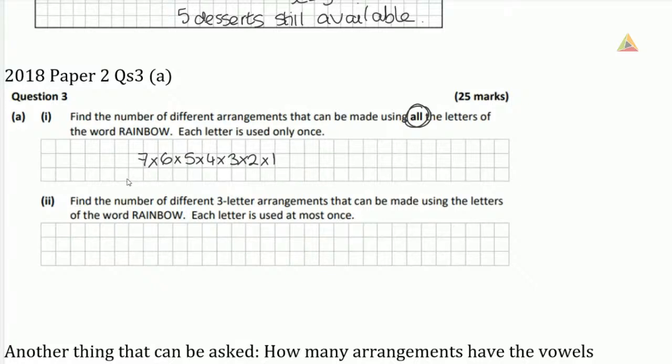That's the same as the 7 factorial that we saw at the start of this lesson. So when we're saying 7 multiplied by all the numbers that come after it down as far as 1, we could use our 7 factorial. When we put that into our calculator, we get an answer of 5,040.